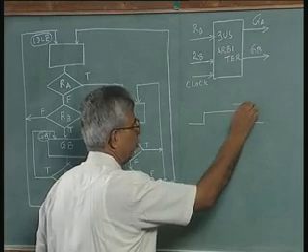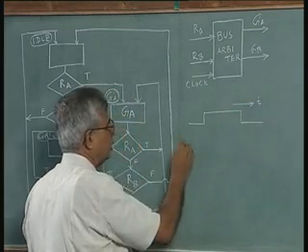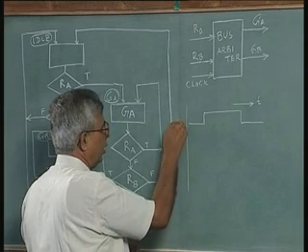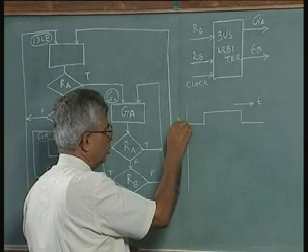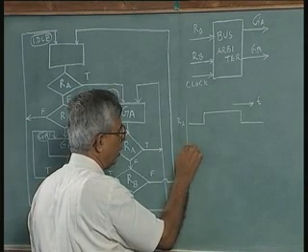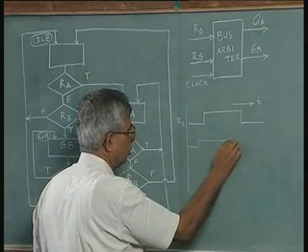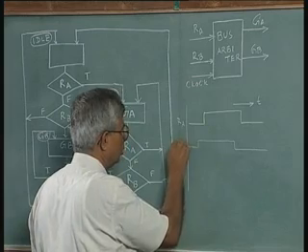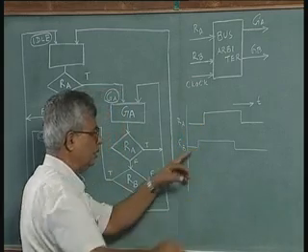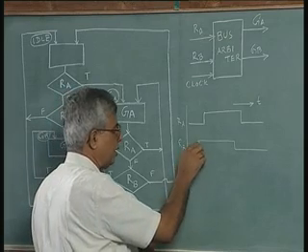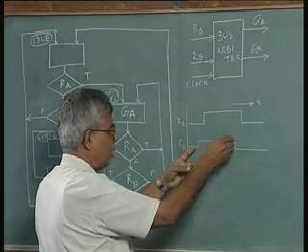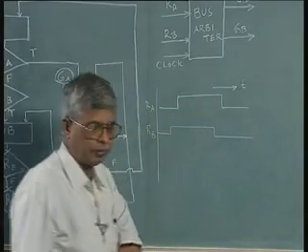So, basically what it means is, as a time function, if you draw the signals, if this is your RA and if this is your RB, even though RA has higher priority than RB, since RB comes first, RB gets the bus and then RA has to wait for the bus to be released by B before it can get the service.